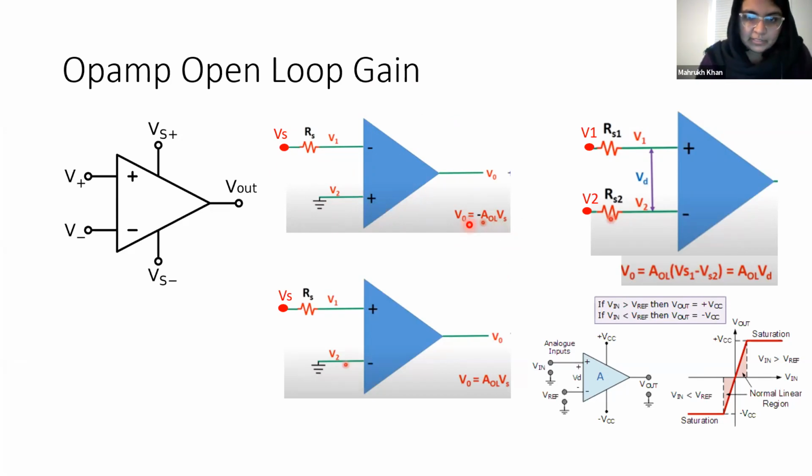That's why, as we know from ENG 2 and 4, whatever supply we give here or here is the maximum. So if this V naught tries to get greater than this supply, we will have a saturation condition. Do you remember this?